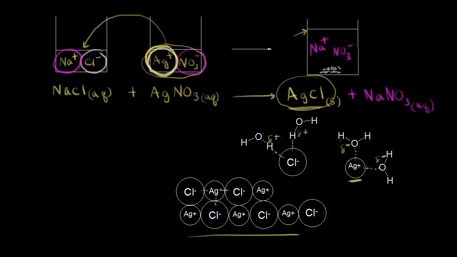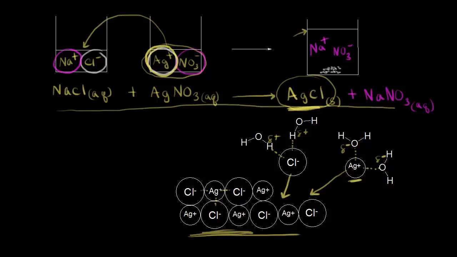And since we notice this solid to form, the electrostatic attractions of our ionic crystal must be stronger than the forces of hydration. So this chloride anion would move into here, right? And then this silver cation would move into here. So the ions come out of solution and a precipitate spontaneously forms. So we form our solid silver chloride. This is one way to represent what's going on here.